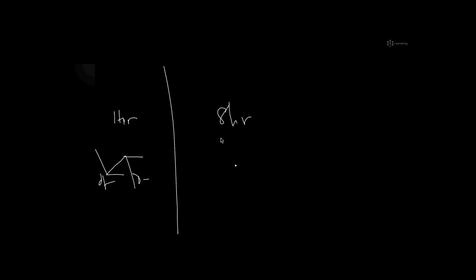All right, so let me draw that again. We have our 1 hour. We have our 8 hour. And we have D plus, and we said this gives us D minus. While we now have this D plus, and we are interested in the aggressor, we say the aggressor conclusively on the 1 hour says D minus, conclusively on the 8 hour time frame says D plus.